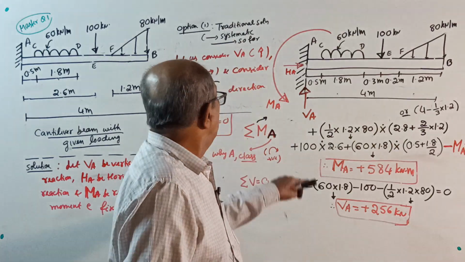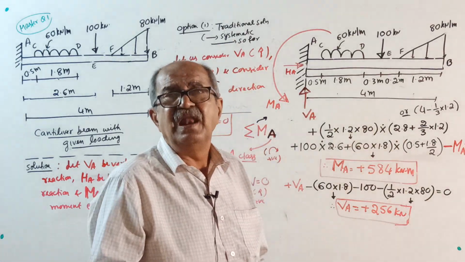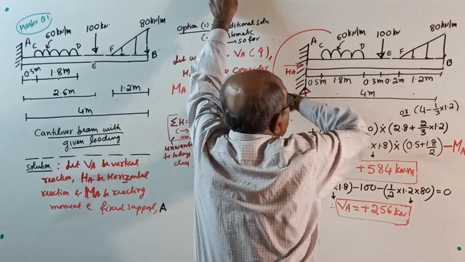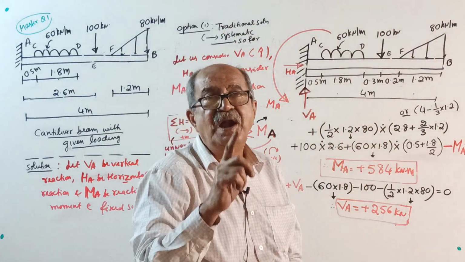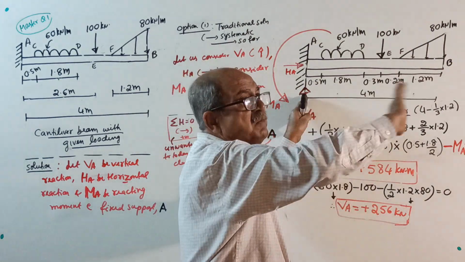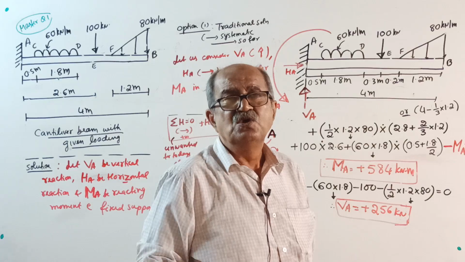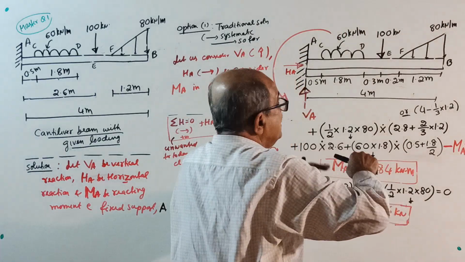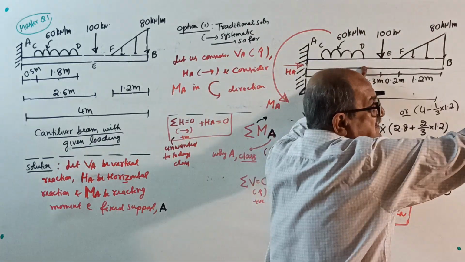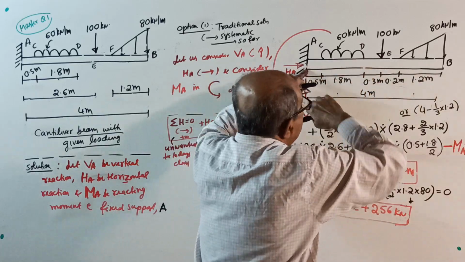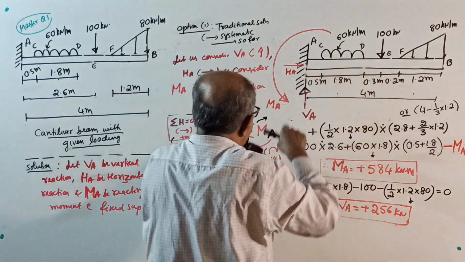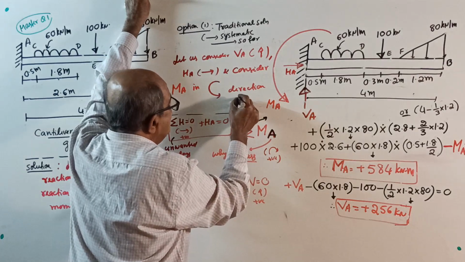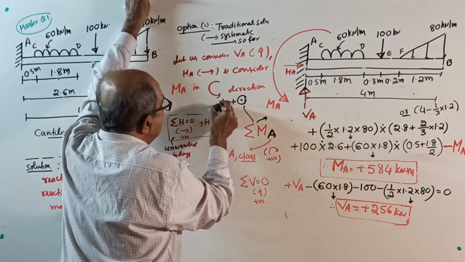There I will tell you again and again: when you take moment, you have to consider the entire force system, whereas later, when you find a bending moment, you have to look at only one side. That is later. So sigma means the complete system. If you stand somewhere here, you have to look at that side and also this side. You can make a note here: your face should see the right side, also the left side.